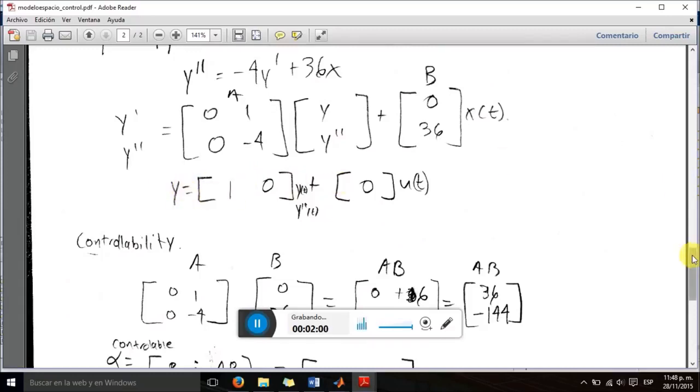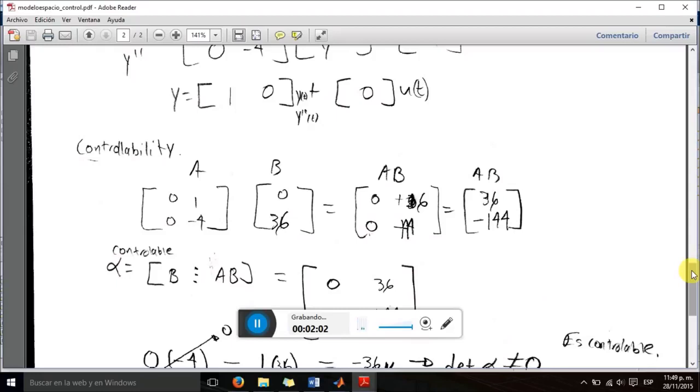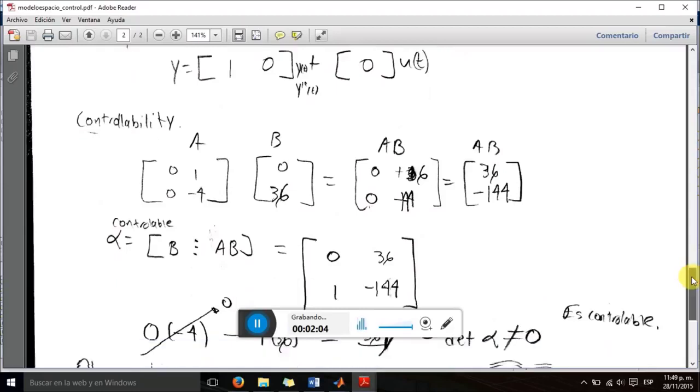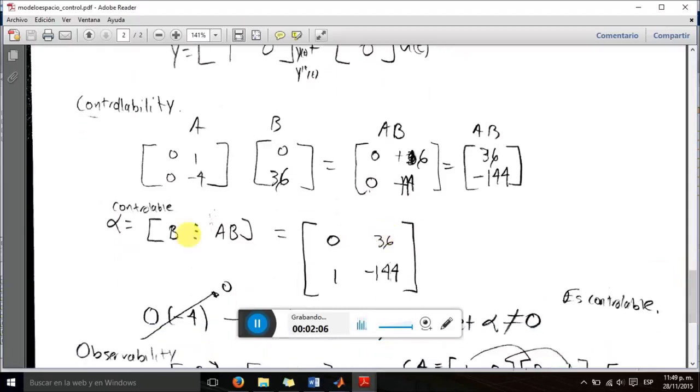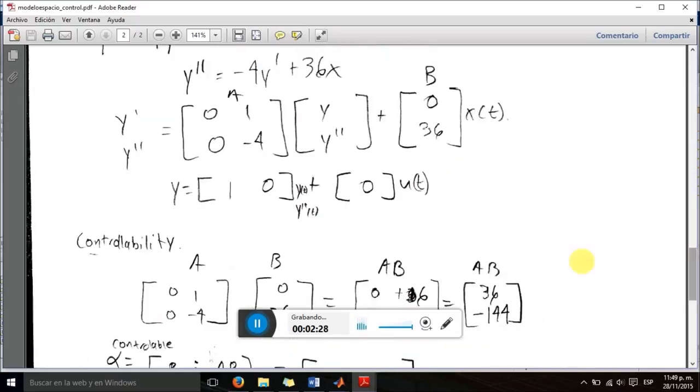So now we can achieve the controllability of the system just by concatenating or adding some matrices. The first one is B, and the second one is A times B, and this will repeat until the multiplicity of A times B is n minus 1, being n the number of state variables, that in this case is 2 variables.